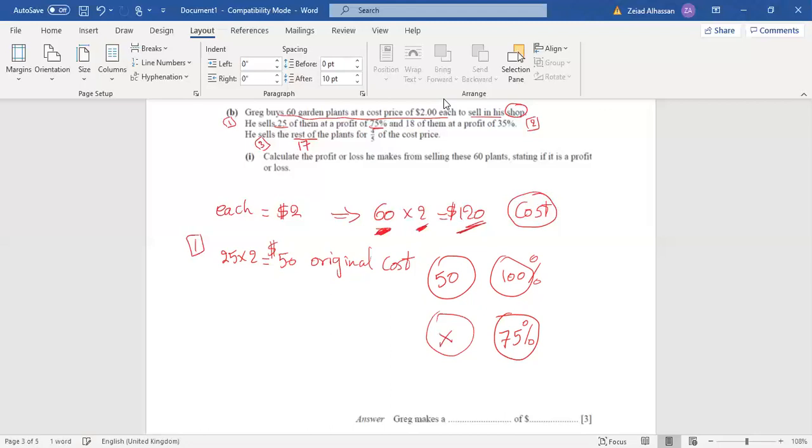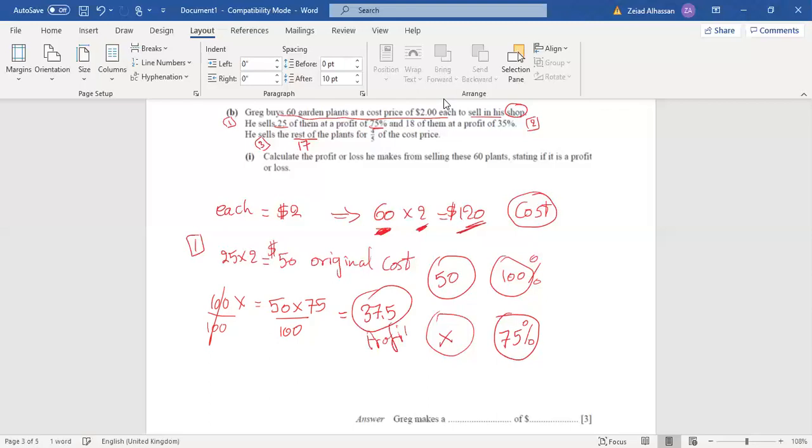Let's cross multiply, which means 100X equals 50 times 75, then divide by 100. So X equals 50 times 75 divided by 100. That's 37.5. What is this? Profit. Okay?